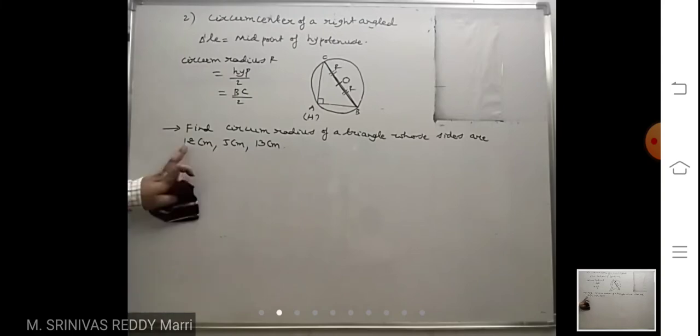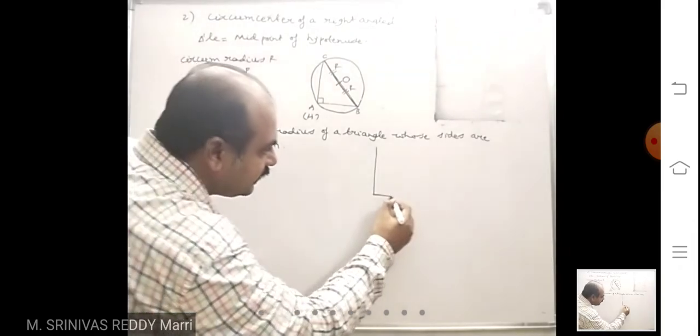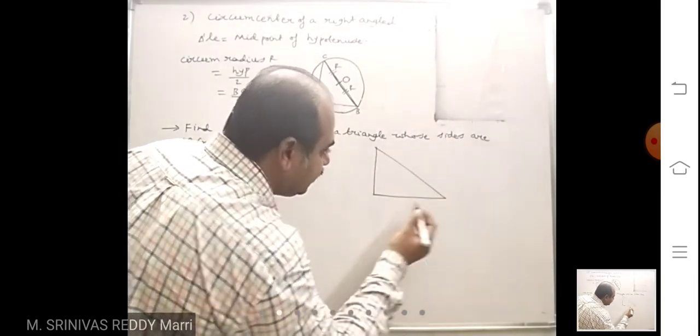Side lengths are given. Therefore, it is clearly a right angle triangle.